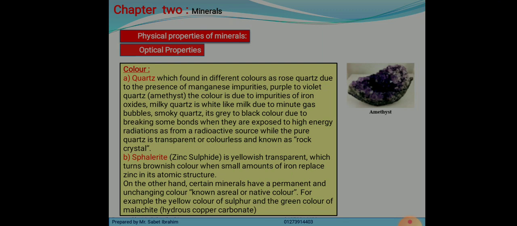But some minerals have a permanent and unchanging color, known as native color, like the yellow color of sulfur and the green color of malachite, a hydrous carbonate.